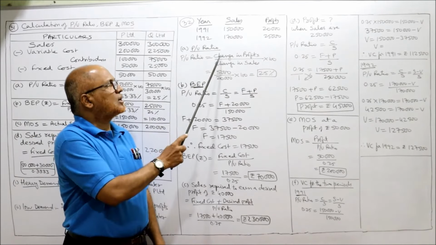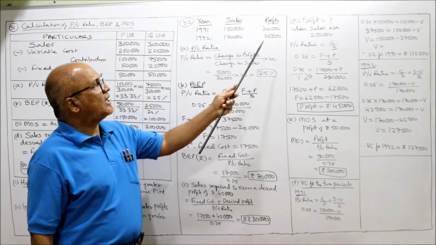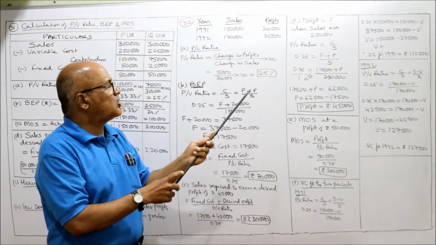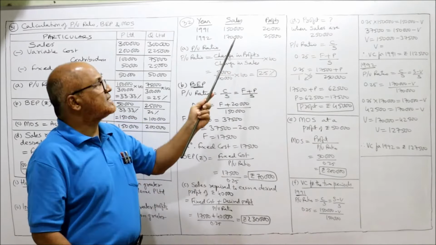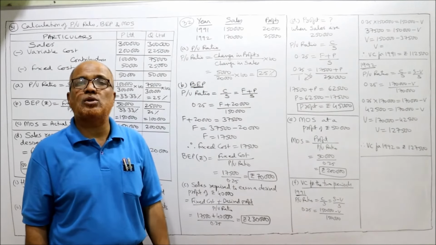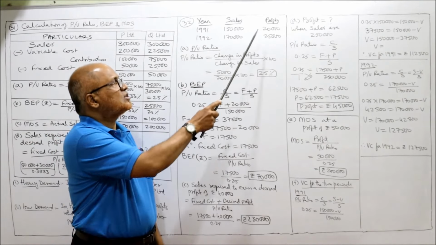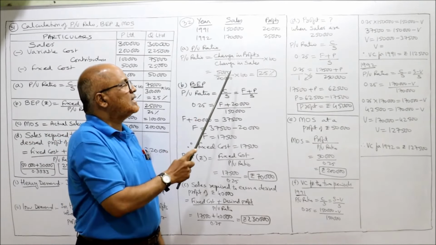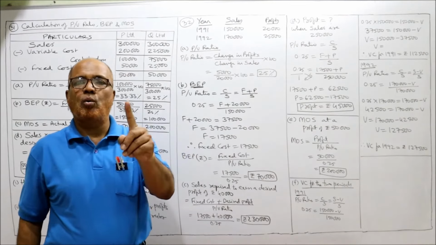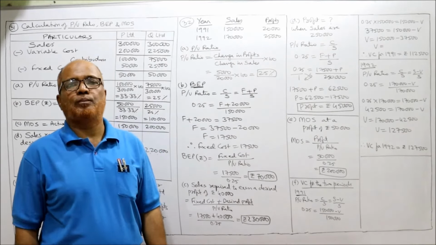So PV ratio is equal to change in profit by change in sales into 100. How much is the change in profit? 20,000 to 25,000. 5,000 is the change in profit. Change in sales, 1,50,000 to 1,70,000, 20,000 rupees is the change in sales. So 5,000 by 20,000 into 100, 25%. One question completed. 25% is the PV ratio.